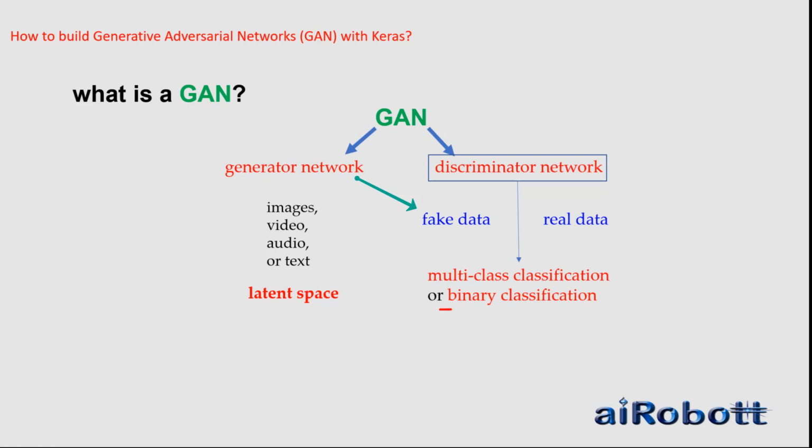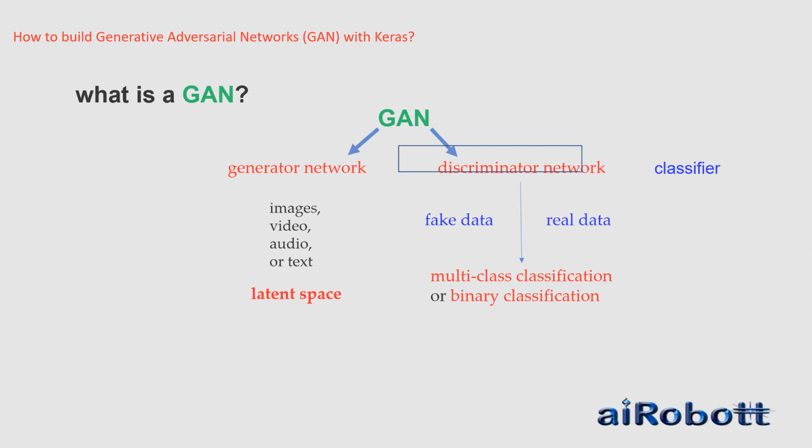Generally, in GANs, binary classification is performed. So, the discriminator network is a classifier and is slightly different from the generator network. This discriminator processes an image and outputs a probability of the image belonging to a particular class.